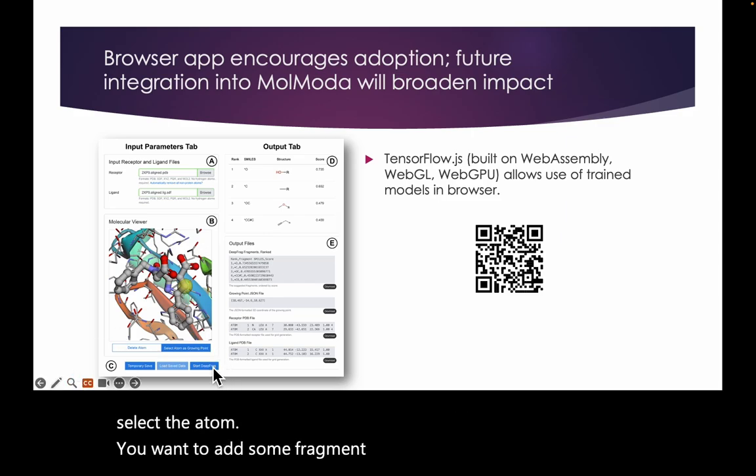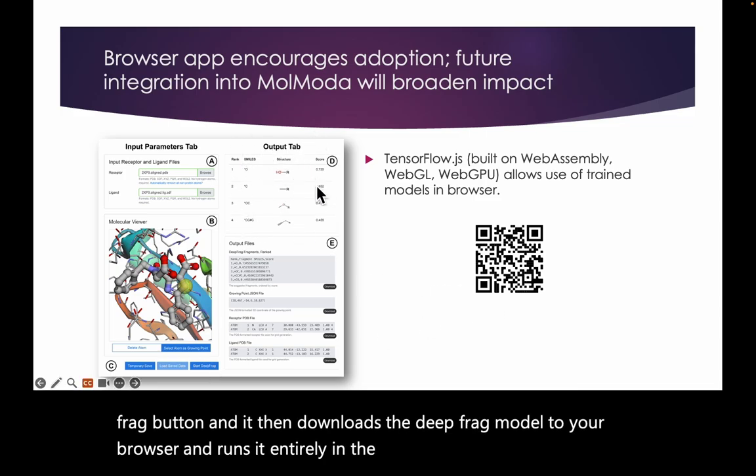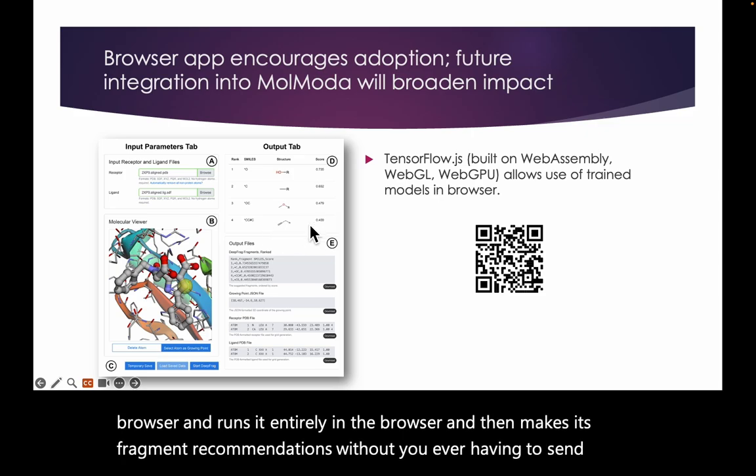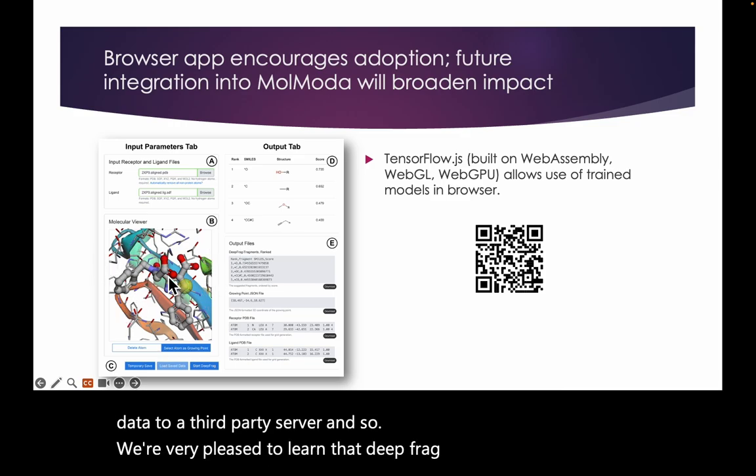And then you press that Start DeepFrag button, and it then downloads the DeepFrag model to your browser and runs it entirely in the browser, and then makes its fragment recommendations without you ever having to send your data to a third-party server.